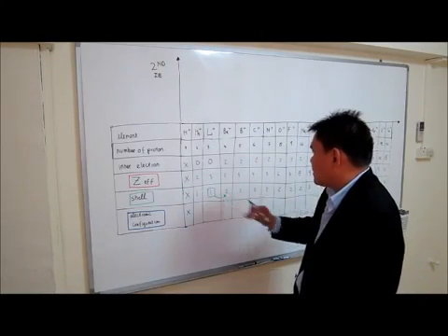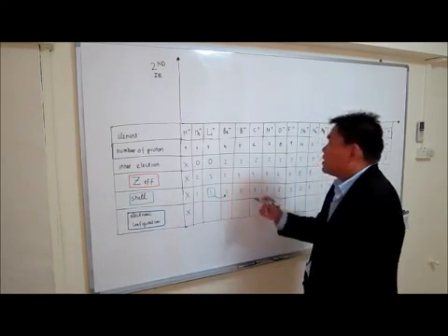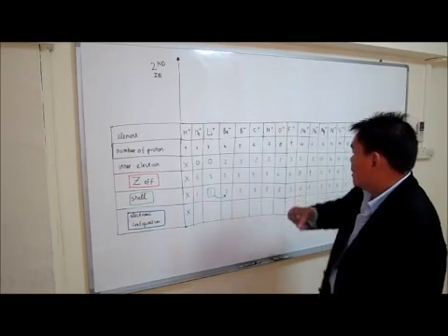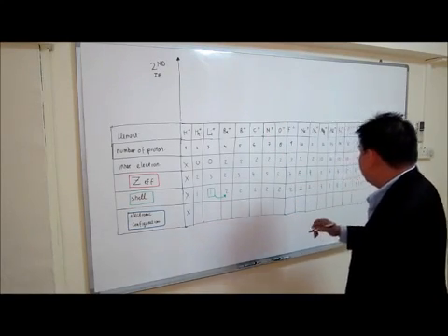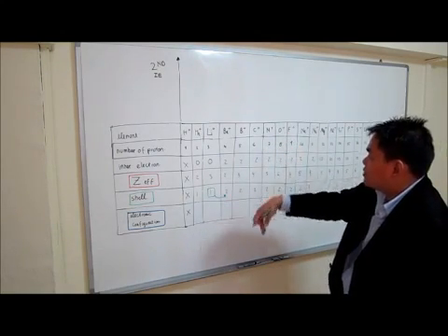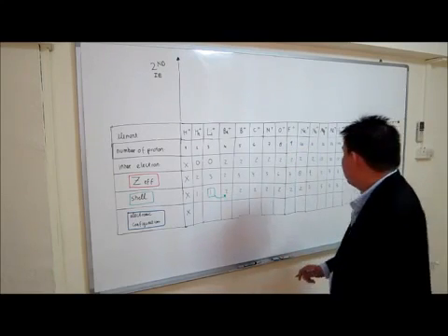So we mark this with the green arrow. This green arrow represents a big drop of second ionization energy. From lithium to beryllium, Li+ to Be+, there will be a very significant decrease.